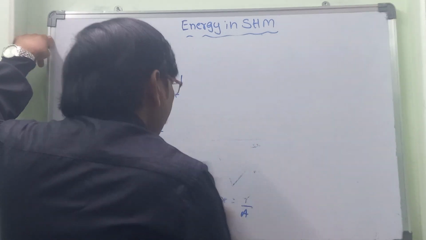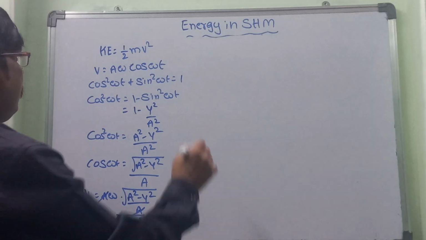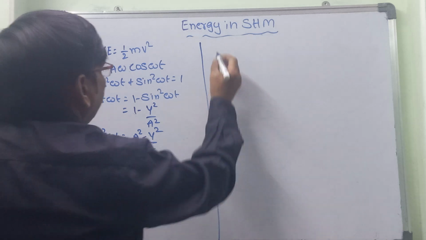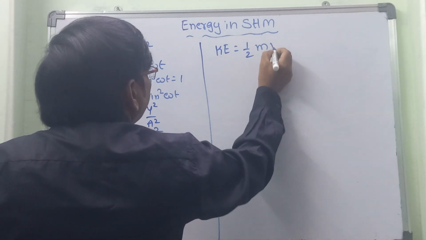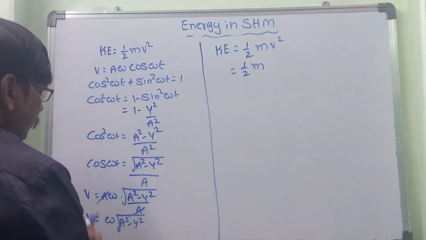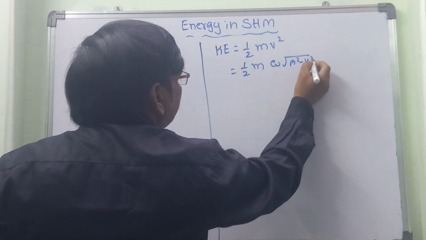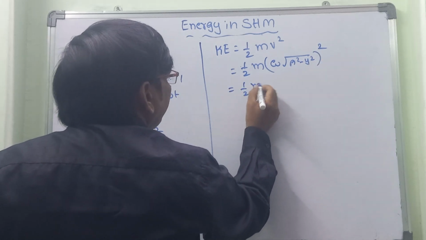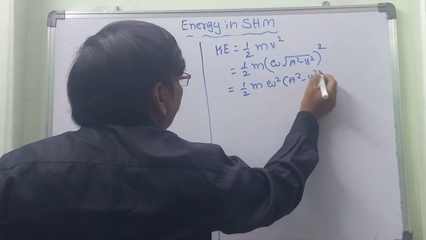So we got one expression for the velocity. Now let us substitute that value here. Then KE is equal to half mv square, that is half m times omega square root of a square minus y square, the whole squared, which is equal to half m omega square into a square minus y square.